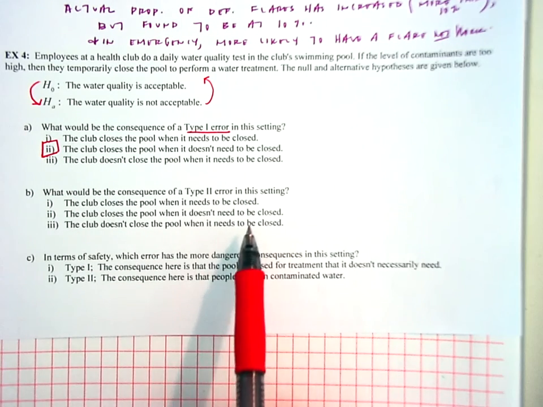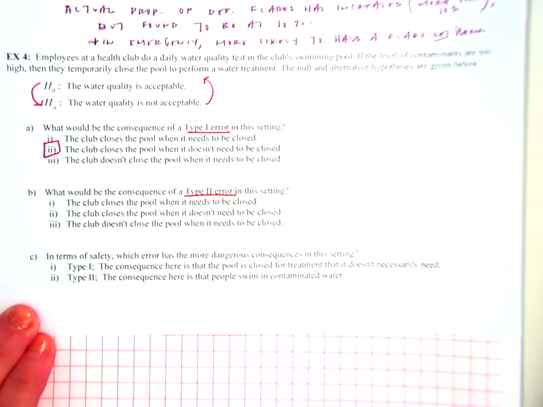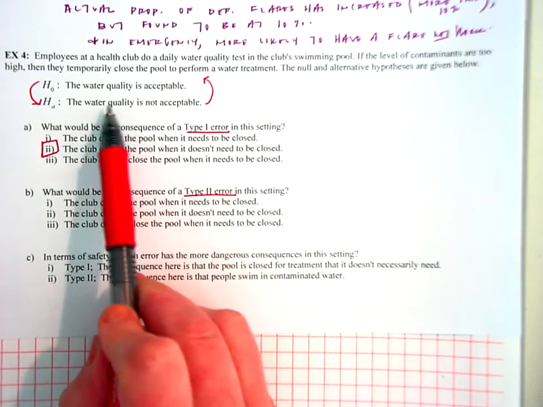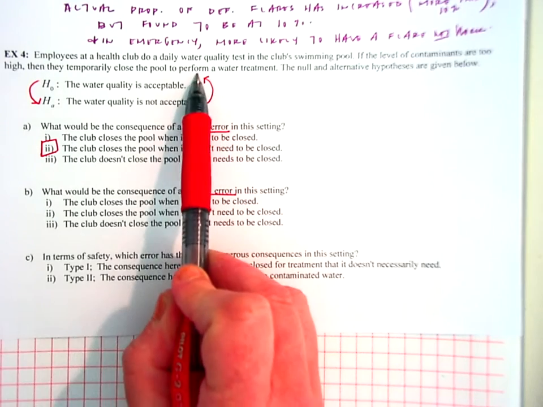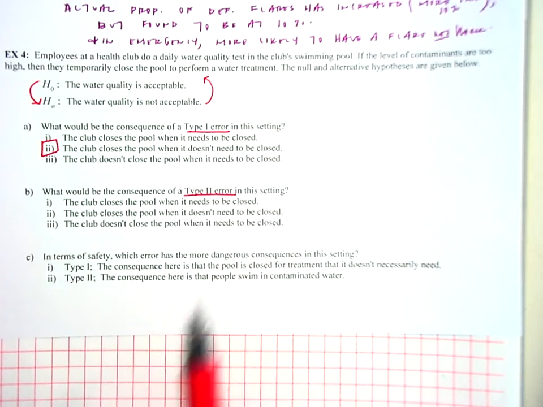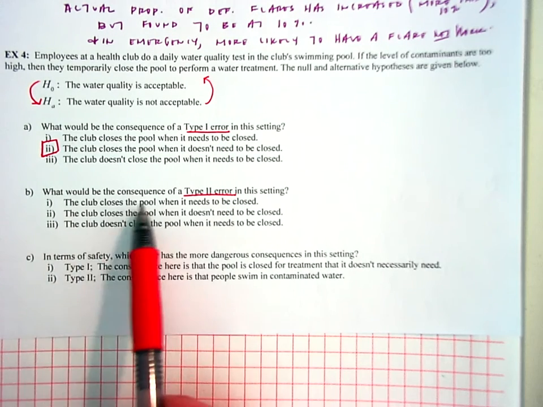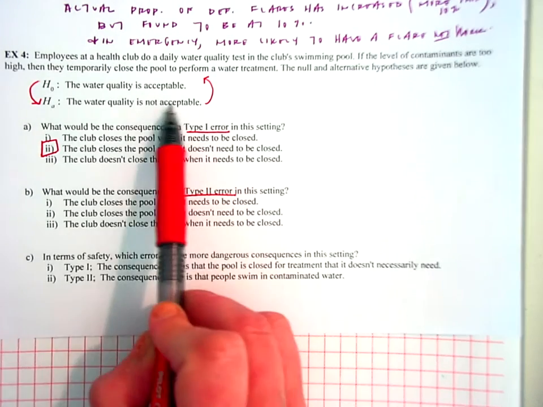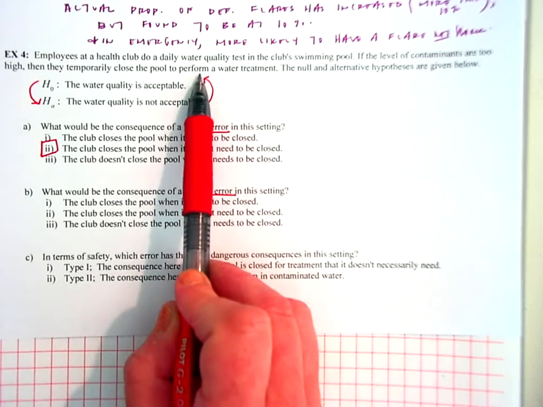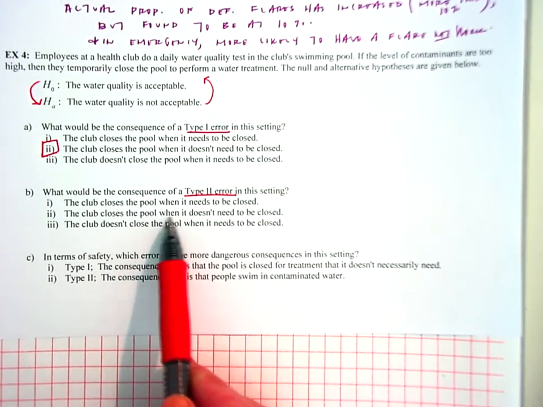All right, B. What would be the consequence of a type 2 error in this setting? Here again, that means that the water quality is actually not okay, but we found that it's okay. So let's see which one addresses that. Club closes the pool when it needs to be closed. Well, that's not true. We're saying it's not acceptable, but we're finding that it's just fine. So it's not 1. The club closes the pool when it doesn't need to be closed.